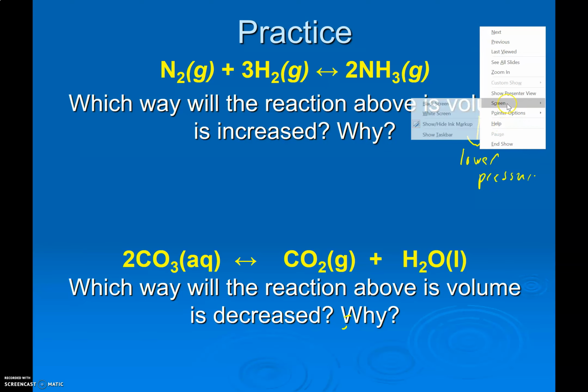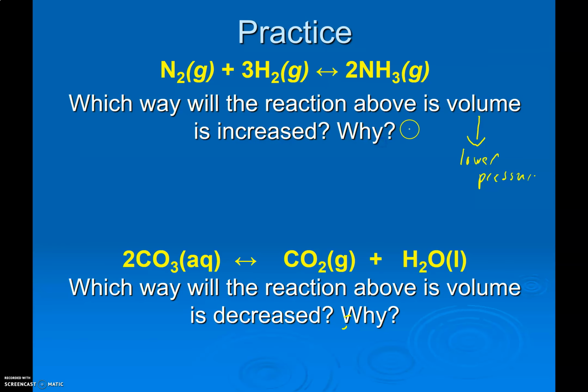So again, we lower the pressure, so we want to shift towards the side that has more gas particles to raise the pressure. This side has 4 gas particles, 1 from nitrogen and 3 from hydrogen, and this one only has 2.